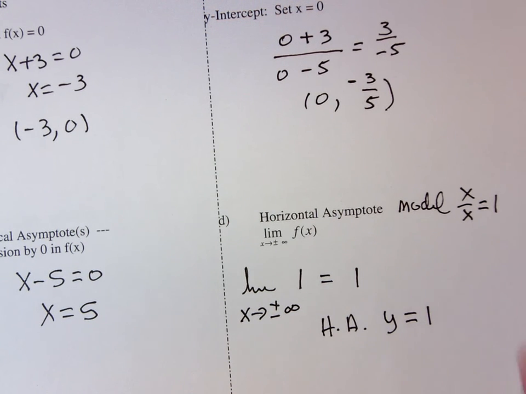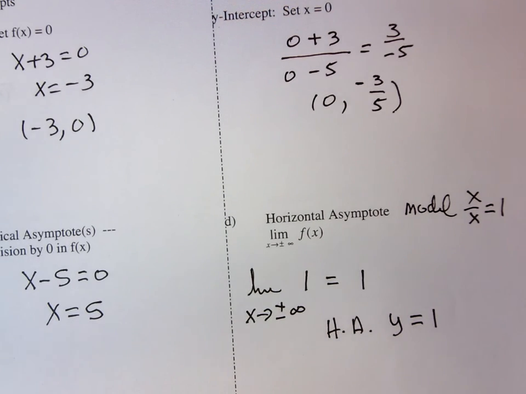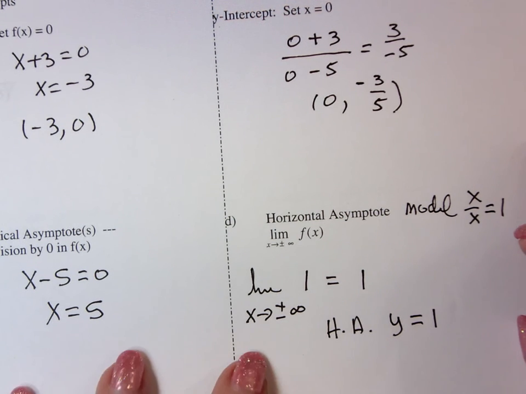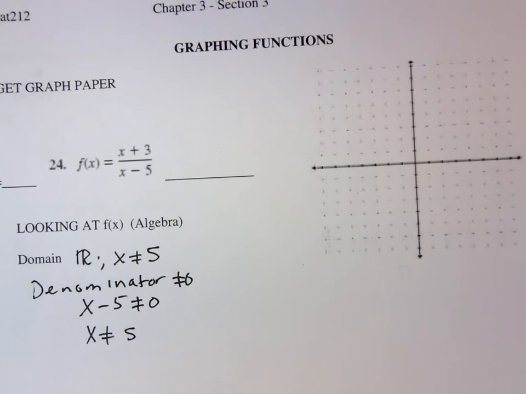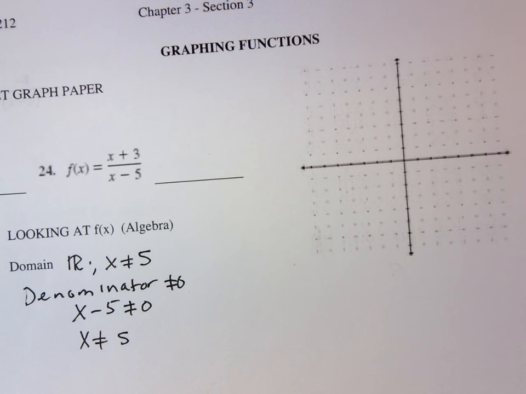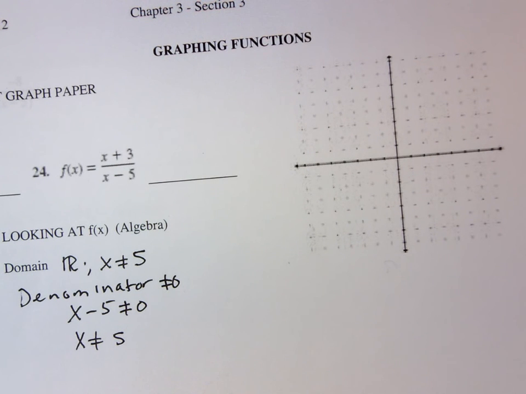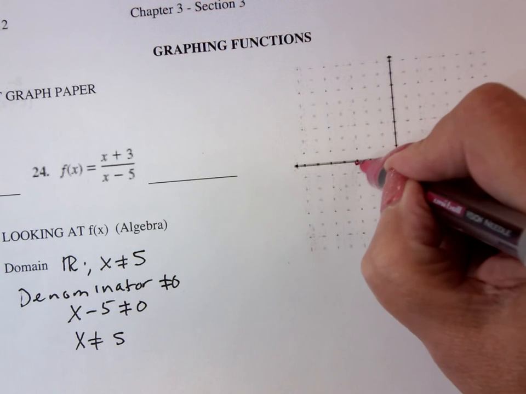Now I change pen colors, and I go up, and by the way, in college algebra, this is really enough information to do the graph. And I go up to my graph paper, and I put the information I have. I have an x-intercept at negative 3, 0.